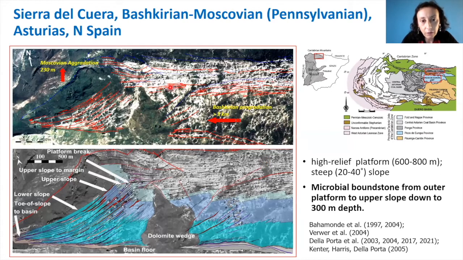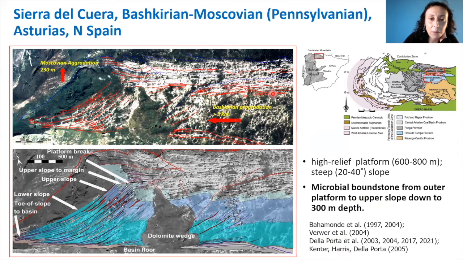So from aerial photograph, it is possible to see the bedding, and these red lines that you see here are actually DGPS walked strata by several people, not only me, and all the colleagues that worked on this platform are reported in this publication.